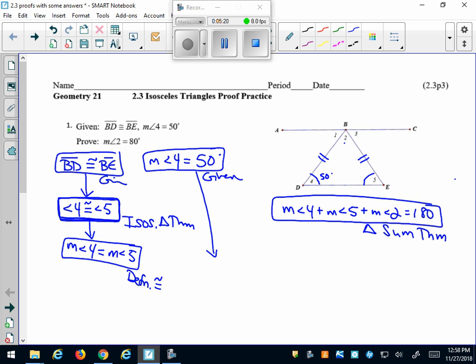All right, so like you said, now we can say if 4 is 50 degrees and 4 and 5 are the same, then the measure of angle 5 is also 50 degrees. This is either substitution or transitive.